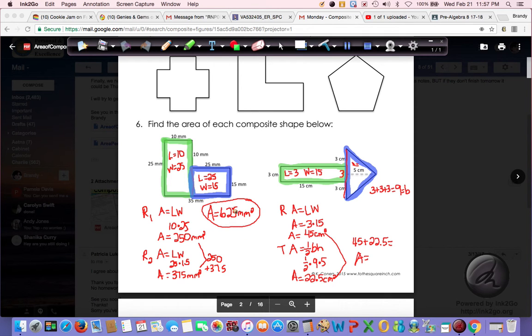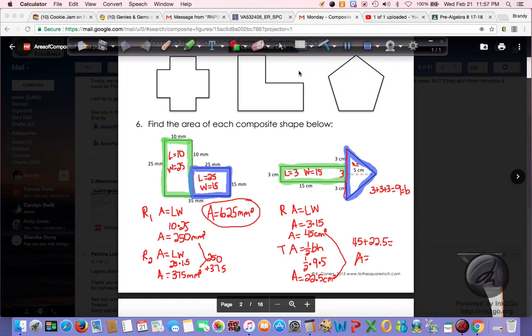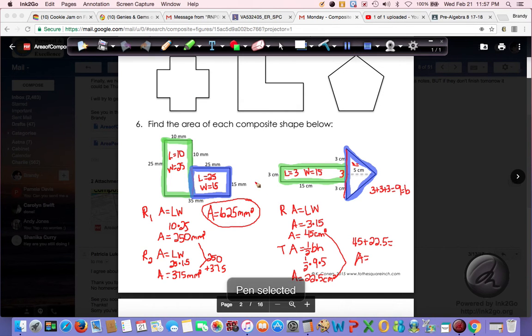So make sure you circle your final answer. So if we grab our calculator one last time, we're going to have 45 plus 22.5, 67.5. All right, so let's write that down. 67.5, and we're still talking centimeters squared, so we're going to put that in there. And that, my friends, is your final answer.